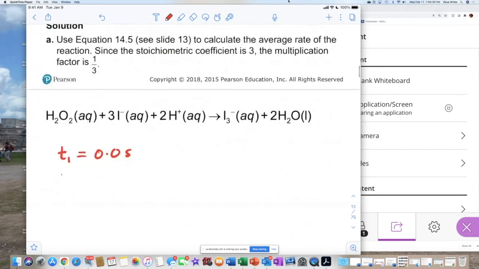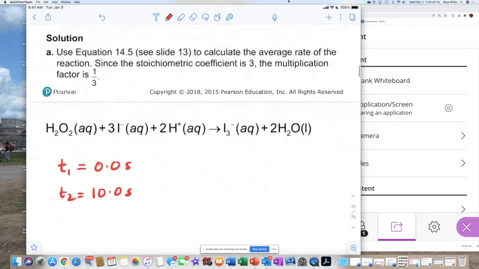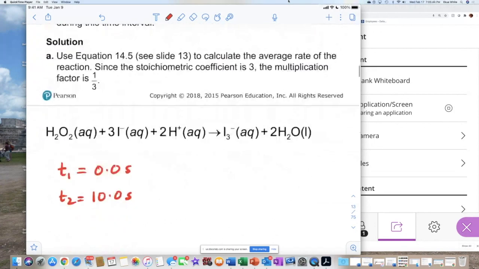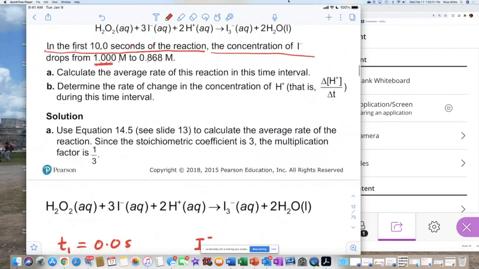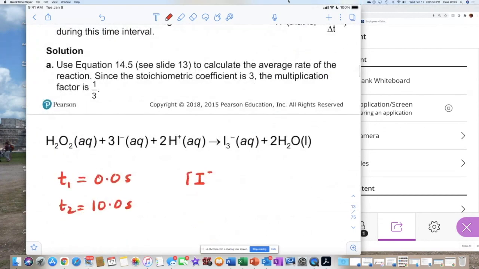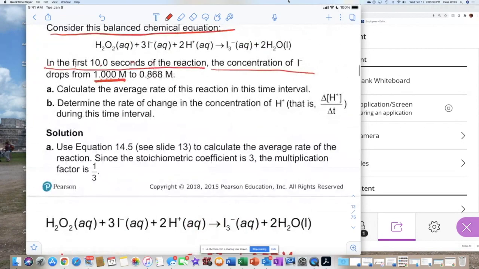Okay, and then the final time is 10.0 seconds, right? When time was 0.0 seconds, before anything happened, the concentration of I minus was this number right here. So I'm going to write this as 1.000, like that, right? And then it dropped to 0.868.